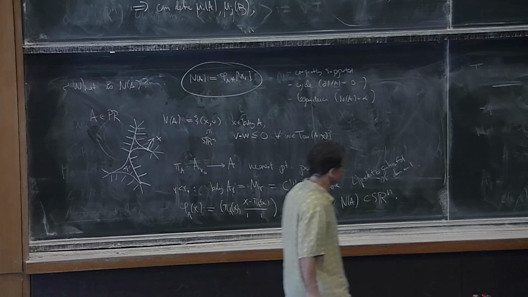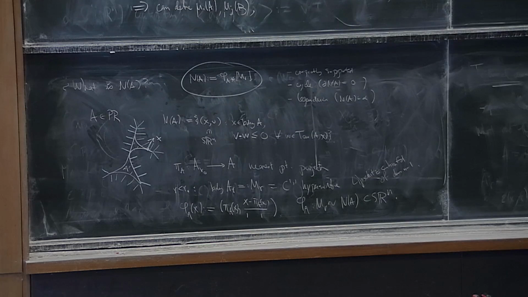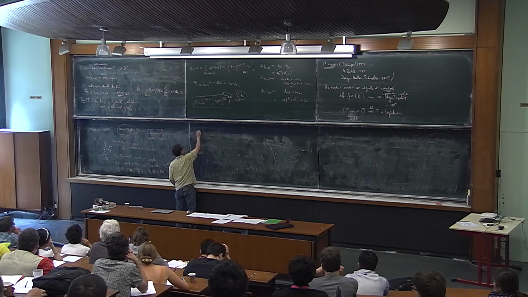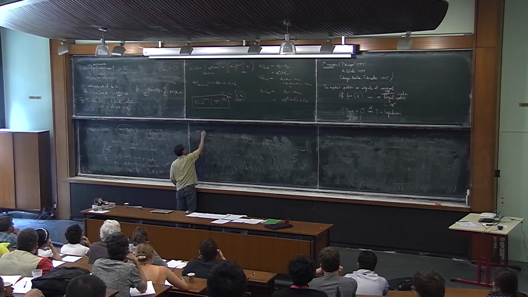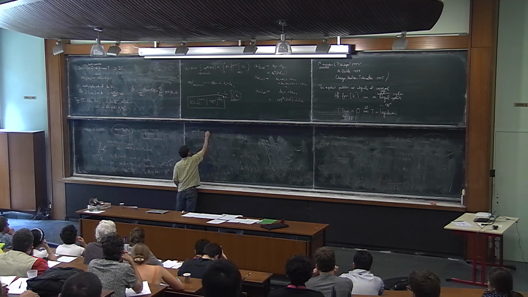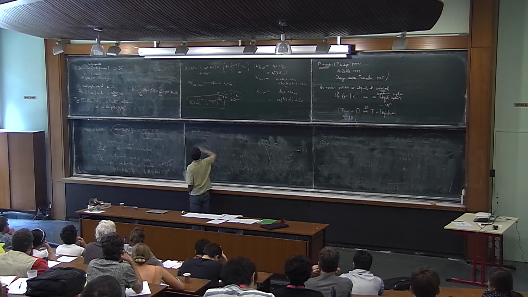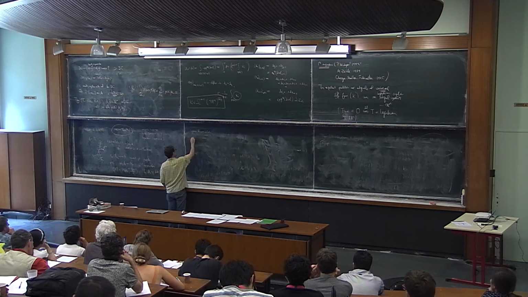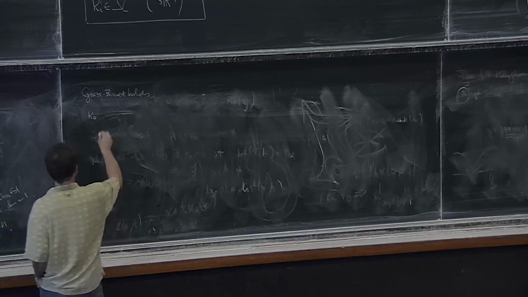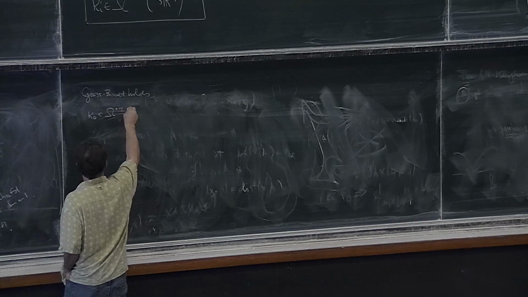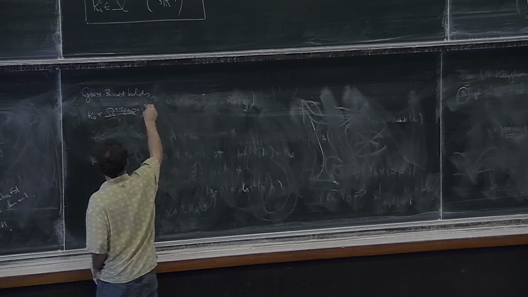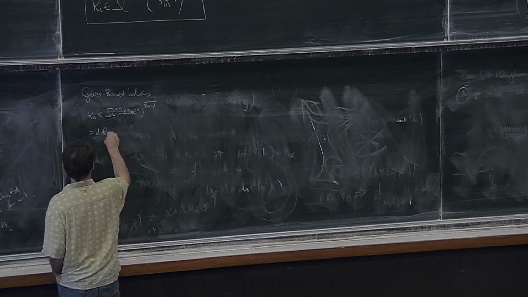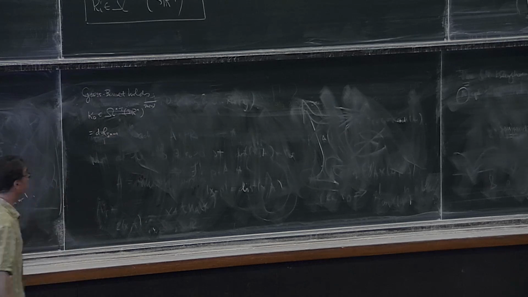I want to understand a few more things about it. One thing that's true of this thing is that the Gauss-Bonnet theorem holds. So what does that mean? As you recall, we defined this invariant form kappa_0, which is just the volume form of the sphere pulled back.